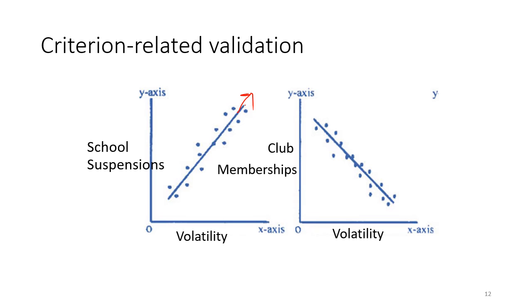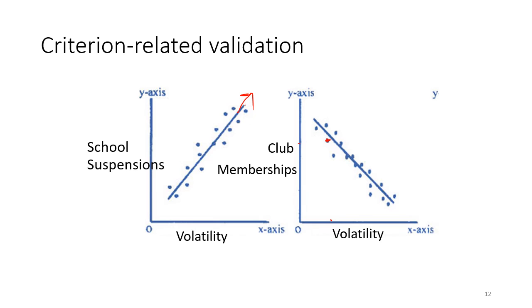Likewise, we would expect that these adolescents who are highly volatile aren't really joining clubs in school activities. So as volatility goes up, club memberships go down. So here's a person who belongs to a lot of clubs, and they're not really volatile, right? They're low on volatility, high in club membership.